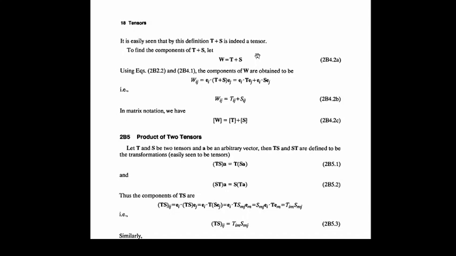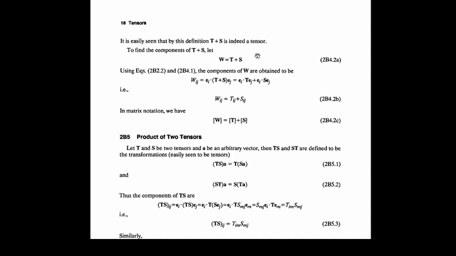This is from the section on components of a tensor, equation 2b2.2. You can see from there that Tij, the components of tensor T, is given as Ei dot Tej. T11, T12, T13, and so on, you will have 9 components from that equation.